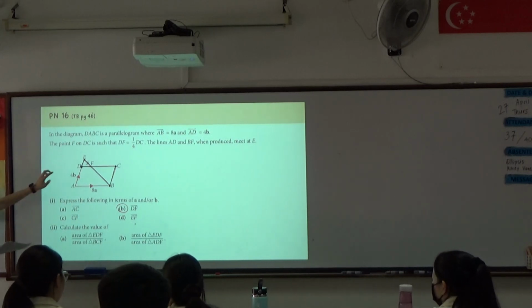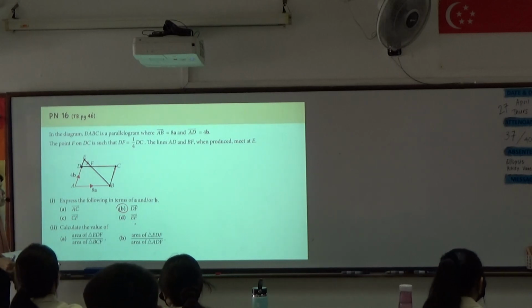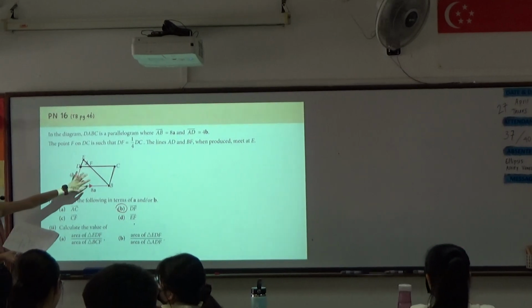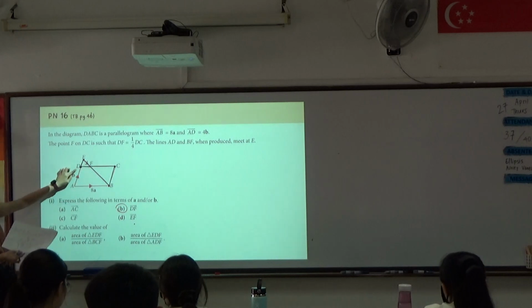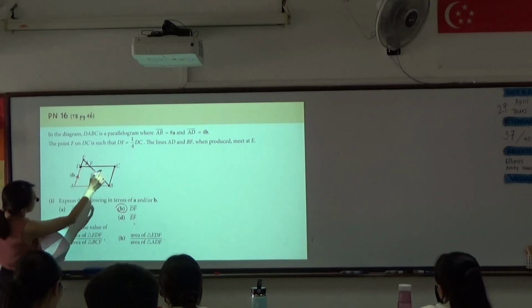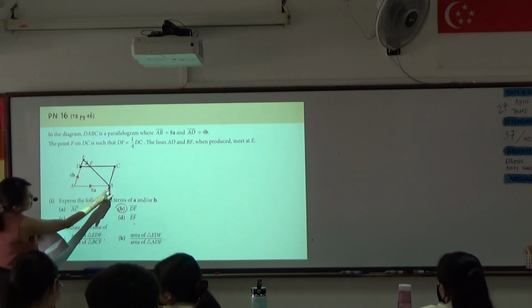Alright, so how is it that we first know that these are going to be similar figures? It is a very simple inference that we can get from the question itself, whereby we know that this ABCD is a parallelogram. So this line AD to E is actually parallel to BC.